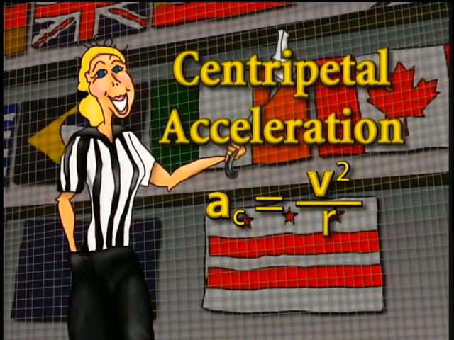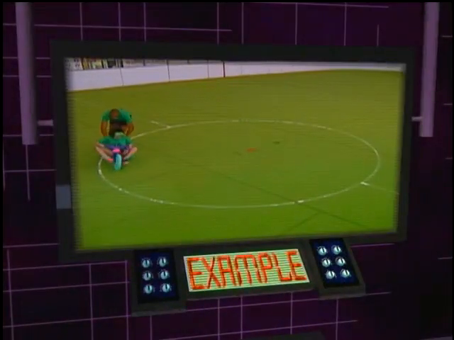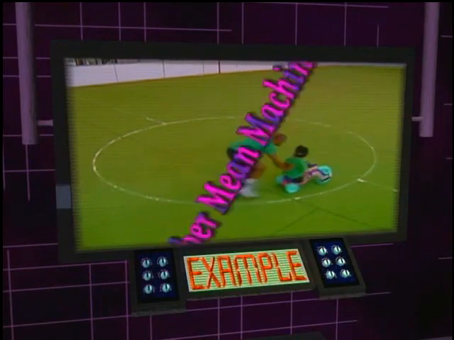And since v squared equals v times v, we can remember it by saying a equals v v over r, or aver.